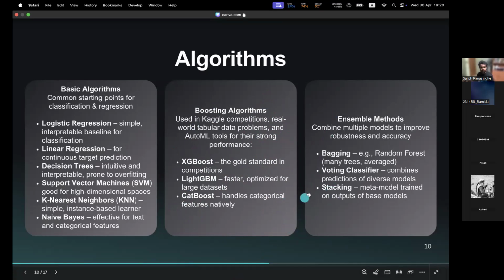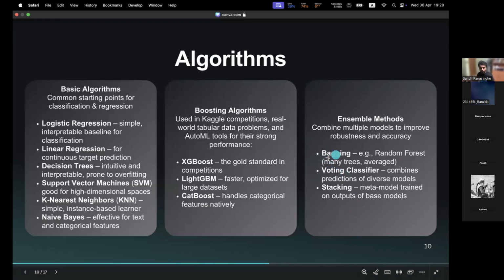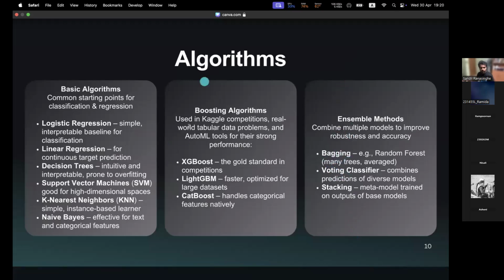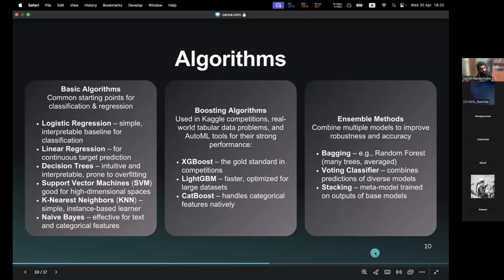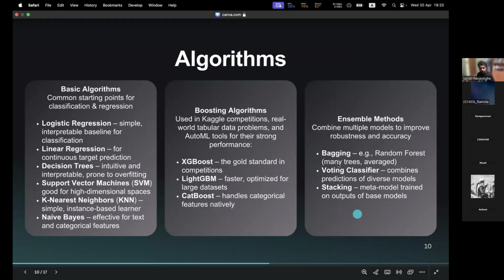And finally, ensemble methods. So ensembles are essentially combining multiple models to improve robustness and accuracy. Bagging is a way of having multiple parallel models and having some sort of way to aggregate the outputs of different models. Voting classifier, if you think about it, is a way to aggregate the predictions of diverse models.